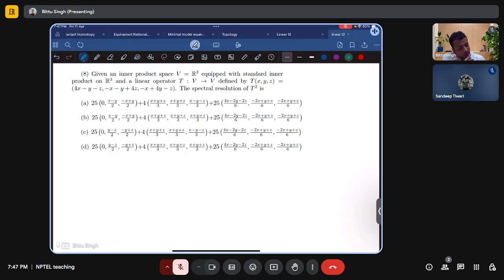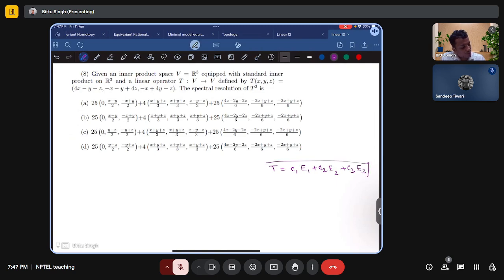We already know T square, right? What is T square? So we need to find the spectral resolution of T square. So let us see the definition of spectral resolution of T. T can be written as C1 E1 plus C2 E2 plus C3 E3.